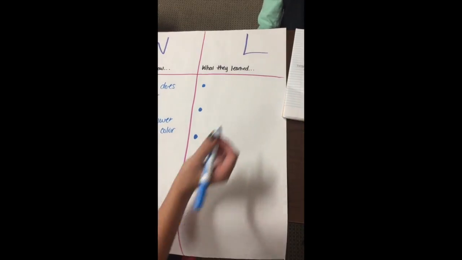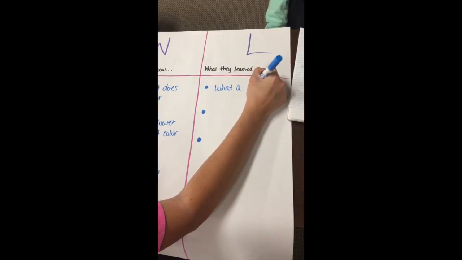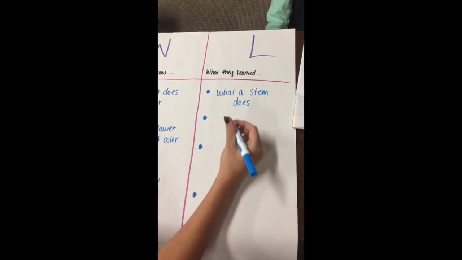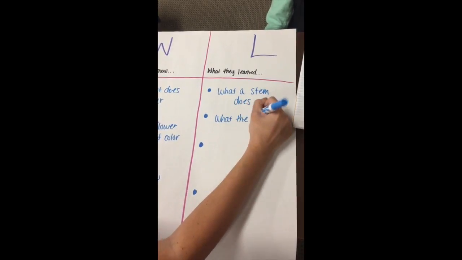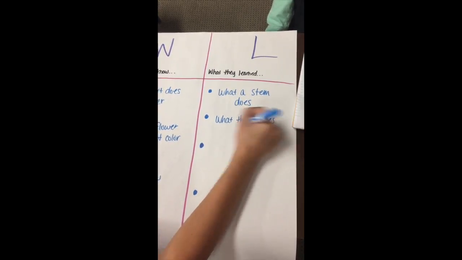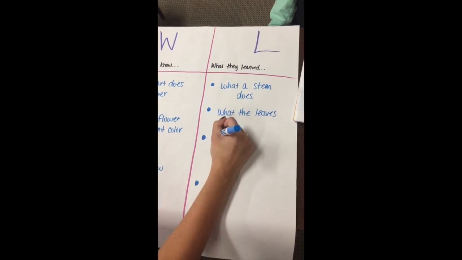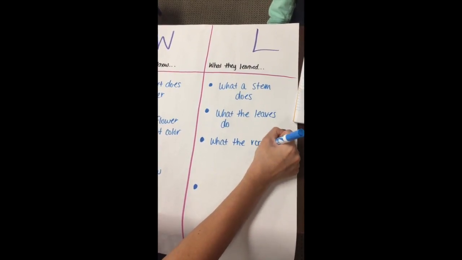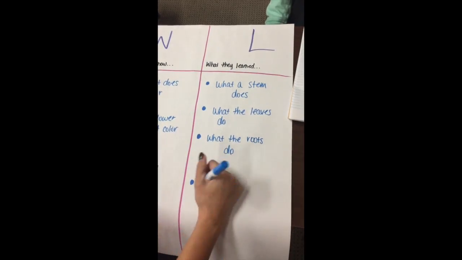And what students might say is they now know what a stem does, they now know what the leaves do for a flower, they know what the roots do, and they know how the flower grows.